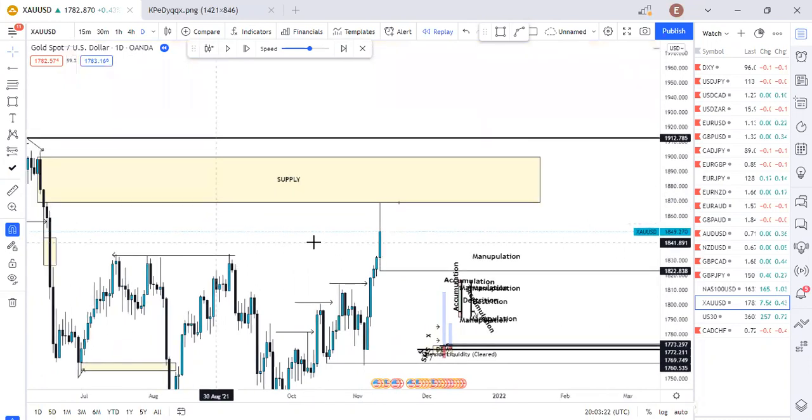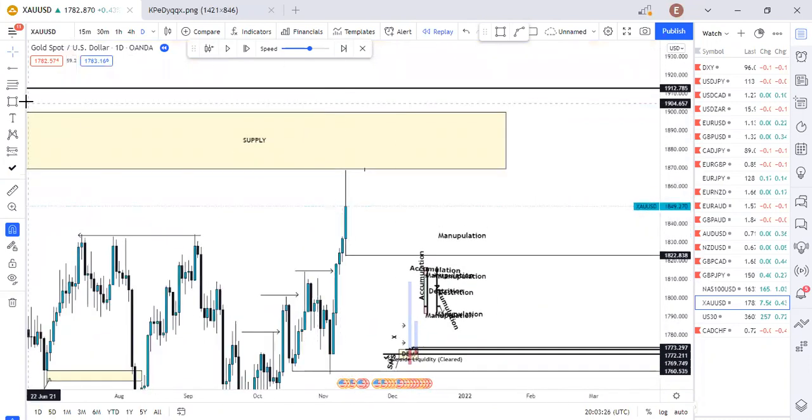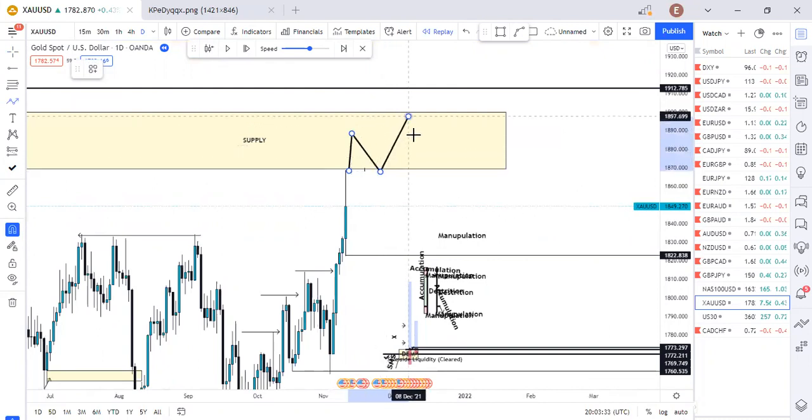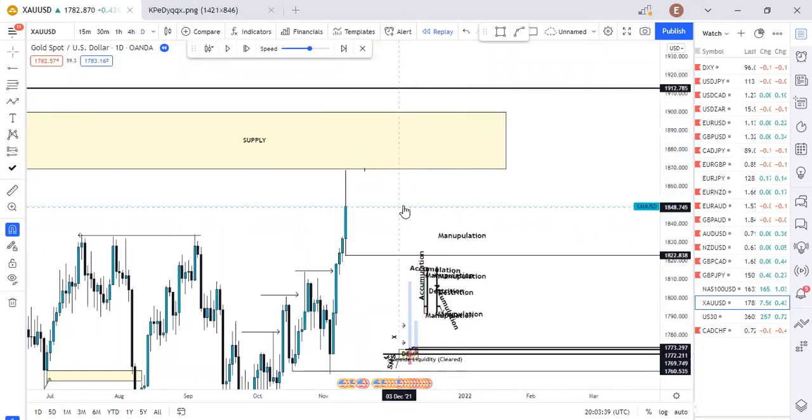After seeing this, our prime focus now was to see yesterday's liquidity taken, or those other patterns that we drew from our previous session.